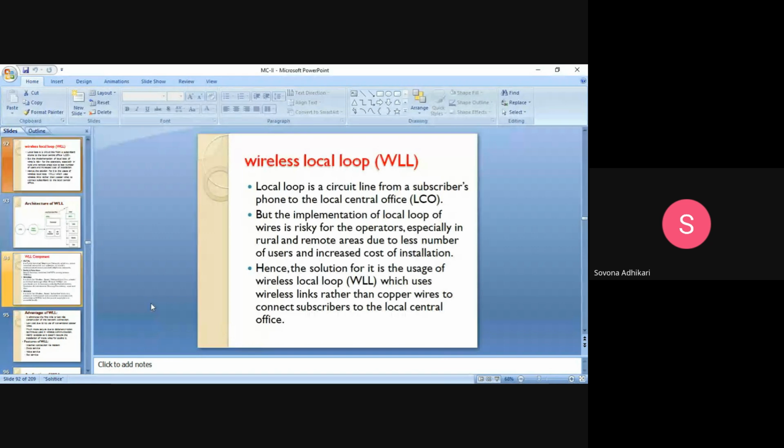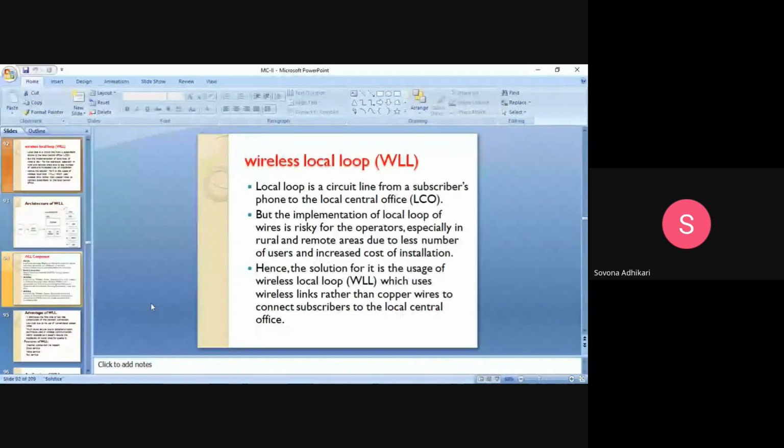The solution to this problem is to use the wireless local loop, which uses a wireless link rather than copper wire to connect the subscriber to the local central office. So you should not connect from the subscriber phone to the local central office by a physical copper wire or cable.